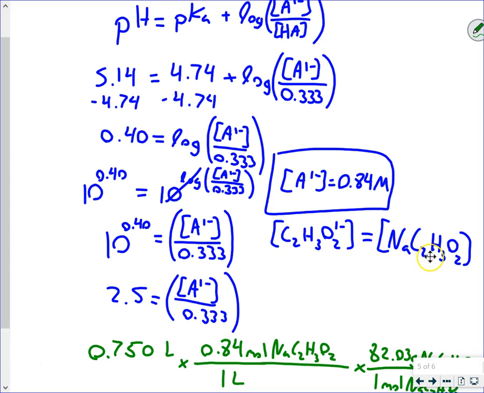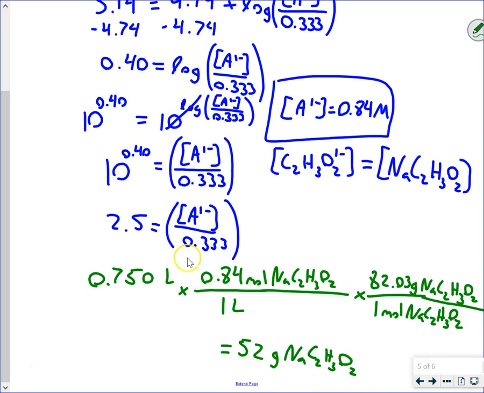Salts that dissolve dissociate 100%. In other words, the concentration of any of the ions that came from that salt is going to be exactly the same concentration as the salt originally had. So we're going to use this 0.84 molar for our concentration of sodium acetate as well.